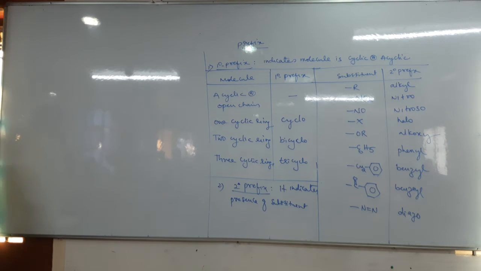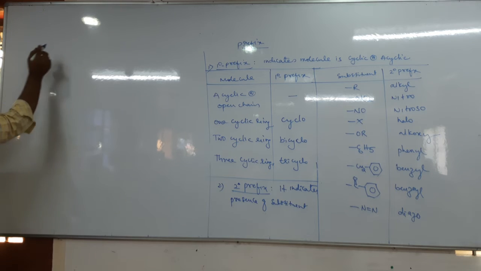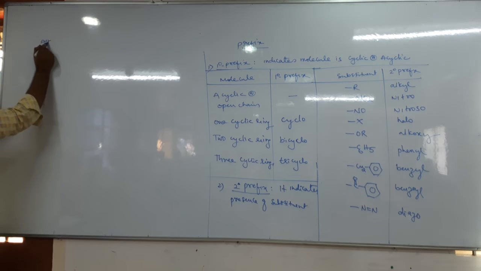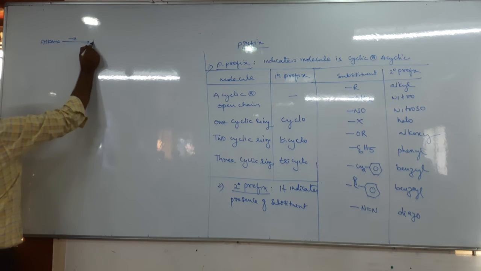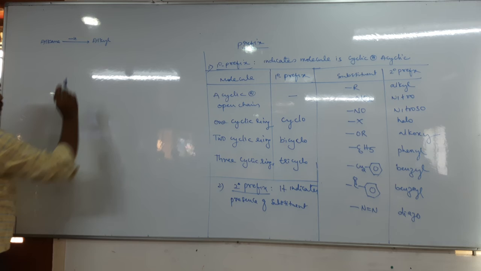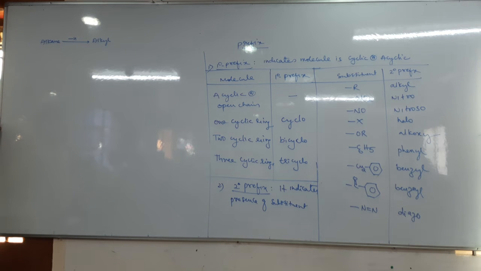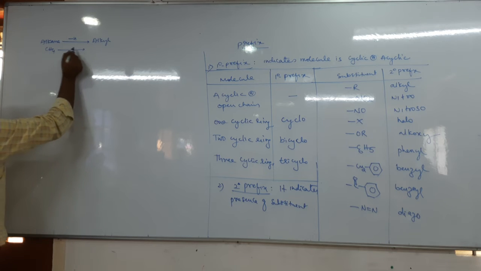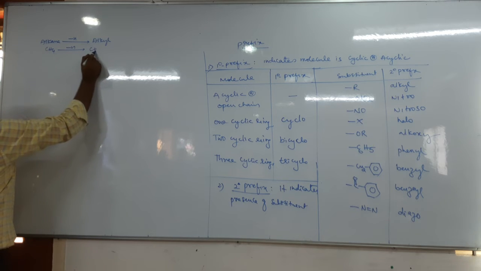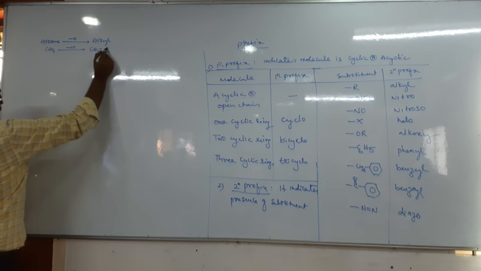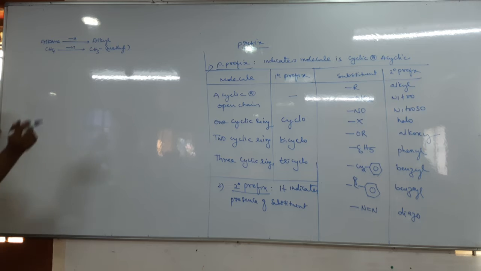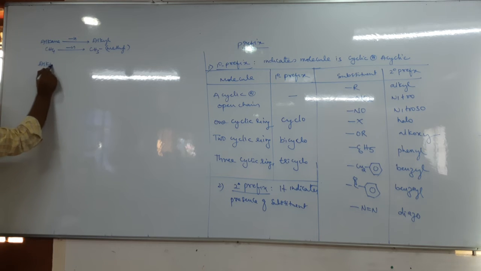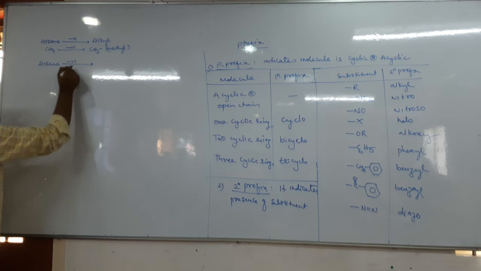Now, for example, take an alkane. An alkane that loses one hydrogen gives alkyl. Methane, methyl: CH4 minus H gives CH3, which is called methyl.